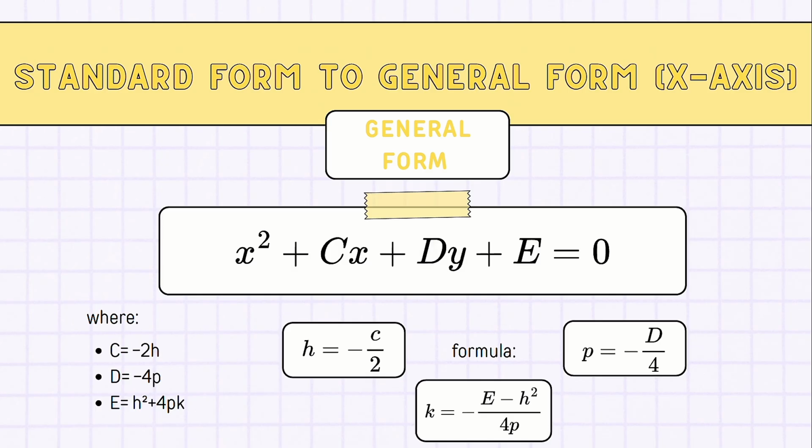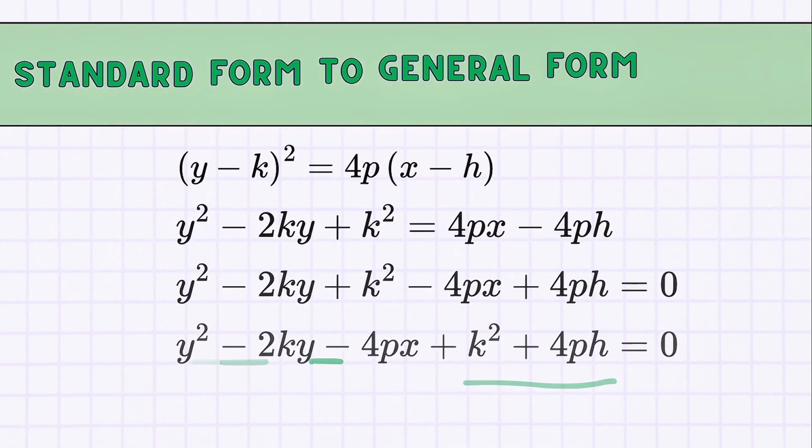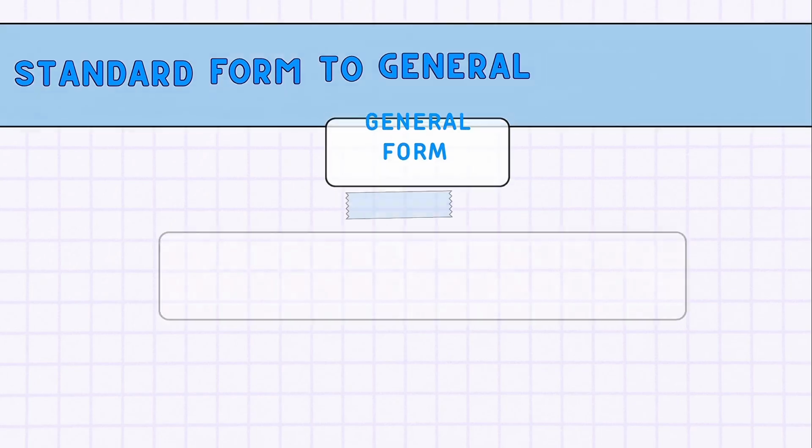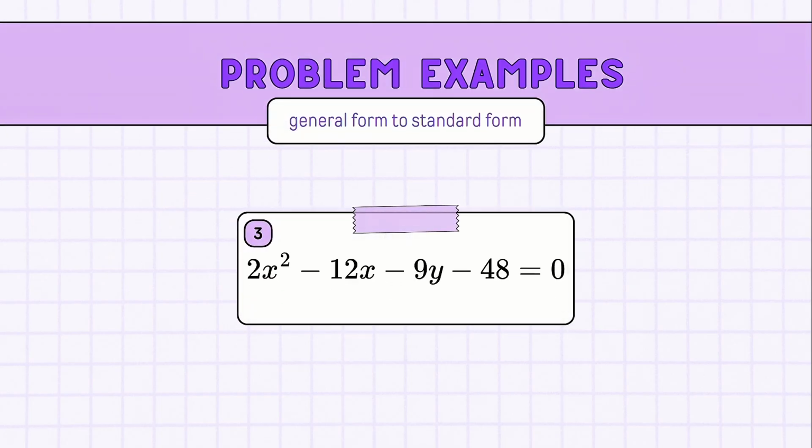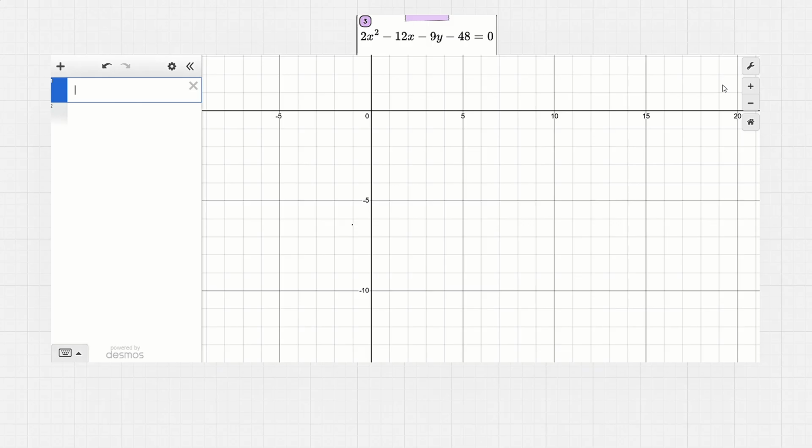But in this lesson, we are going to use a different method in getting the standard form from the general form. This is the y-axis, our general form for the y-axis. Let's head to our last problem example. For our last given, you have 2x squared minus 12x minus 9y minus 48 equals 0. So the other method we will be using to get the standard form from the general form is the perfect square trinomial.